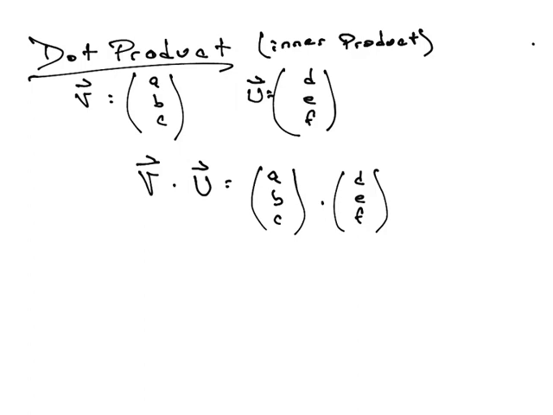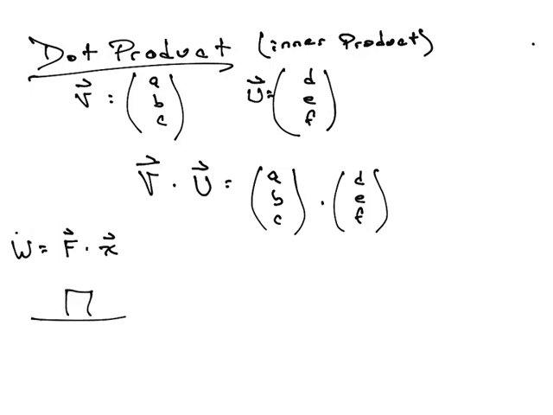Now, we see how to do this in physics when, let's say, we're talking about work. Work, if you remember, is equal to force times distance. F dot x, the dot product between force and distance.